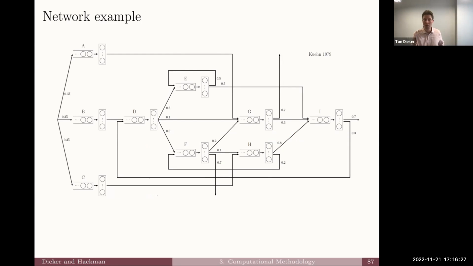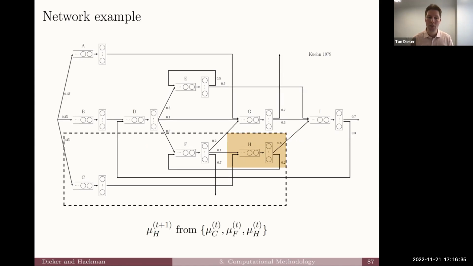So let's go back to the network example. Now we want to update, let's say, the local iterate for station H. So we have to compute mu H t plus 1 from the collection of local PMFs for the previous time epoch. Well, it turns out you only need the iterates from the stations that feed H and the one for H itself.